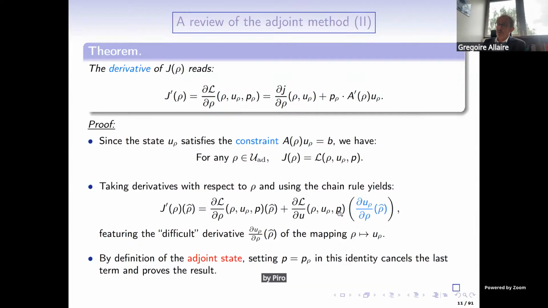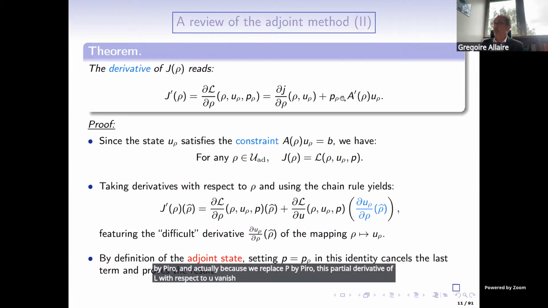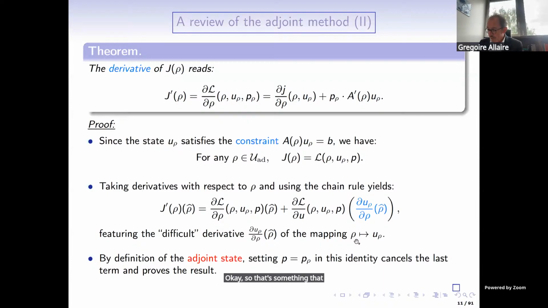And because you replace p by p rho, this partial derivative of L with respect to u vanishes, and you get the result. And you don't need a formula for the derivative of the solution of the state equation with respect to rho, because it vanishes thanks to the adjoint. That's something that should be familiar to any expert in structural optimization.